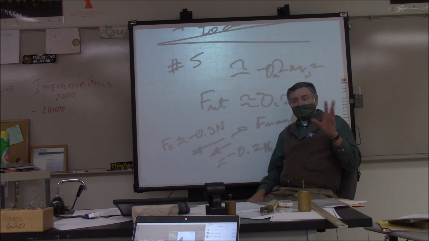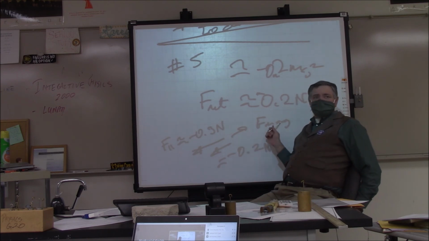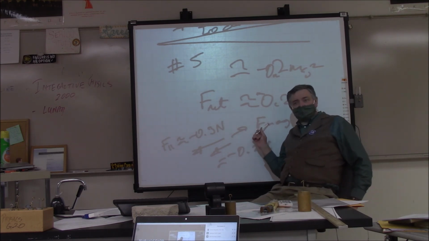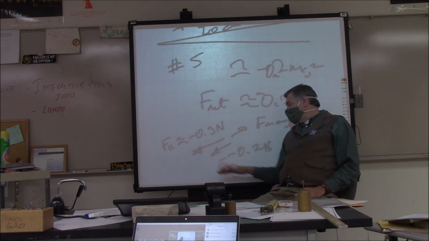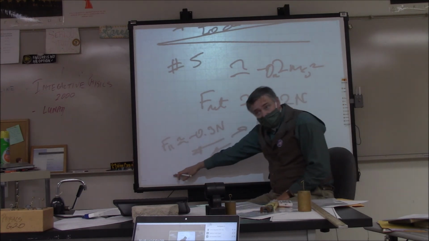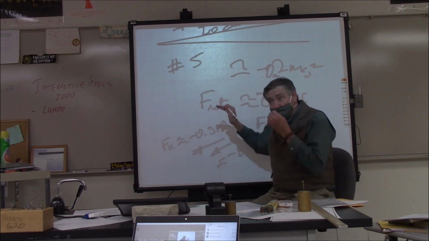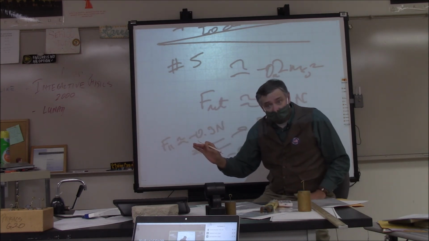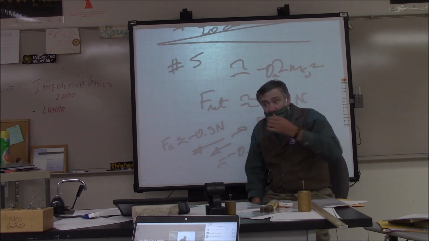So this is where you want to think through a problem before you even start it and go, okay, well, it's got to be an opposing force, because if it was in the direction of motion, my net force would be bigger, like negative 0.4, and the magnet would be making it speed up.